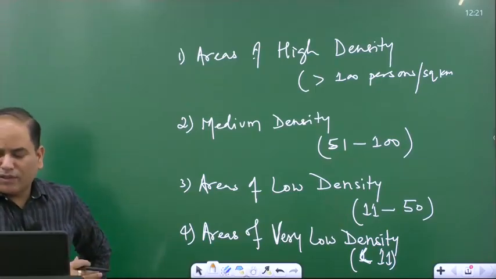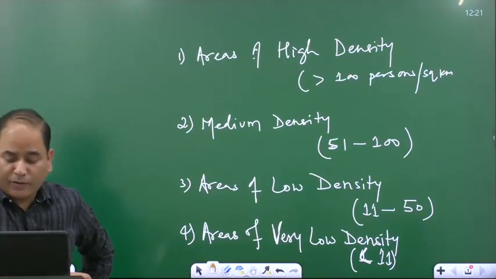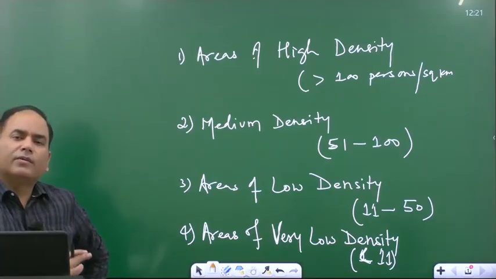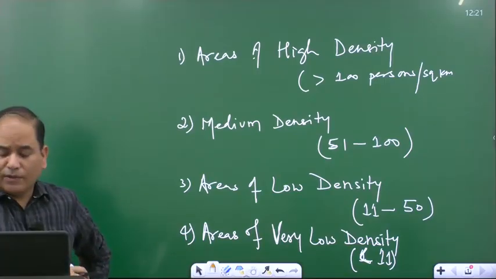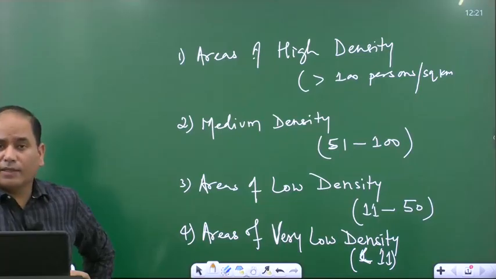The list is long; you can note down more countries. Ukraine. Almost most of the smaller countries of Europe have population density of 51 to 100. We have Ireland, Croatia, Bosnia, Bulgaria, Georgia, Lithuania, Uzbekistan.